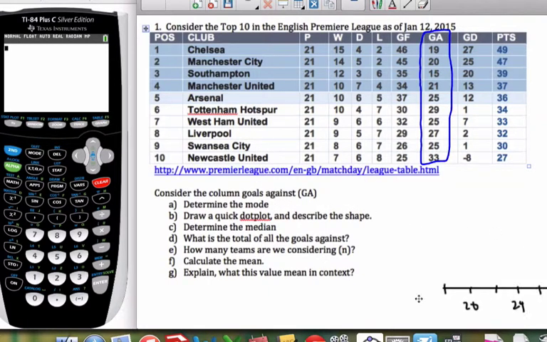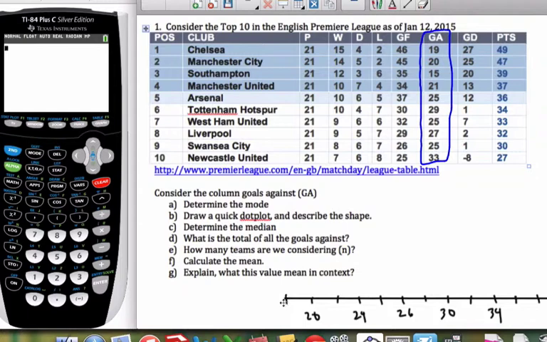The dot plot will come here, and I've got this number line set up. This is by 20, 22, 24, 26, and so on. I'm going to go: 19 will be here, 19 and 20 and 15. I have to add 15 on, so that's 18, 16, 14.